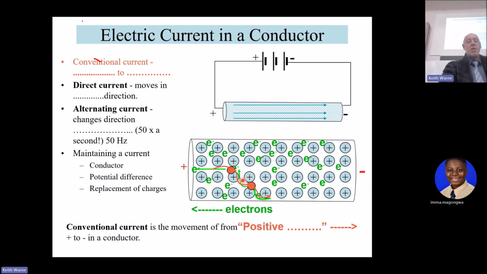And now that electron can smell that space and that positive charge. So he moves there, and the space moves there. So which way are the electrons moving? Towards the positive from the negative. Which way are the spaces moving? Towards the negative. What's in the spaces? Nothing.